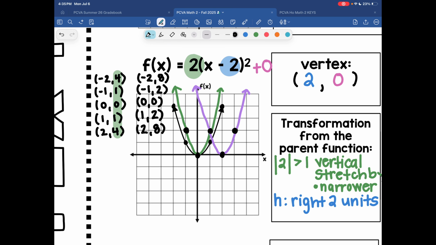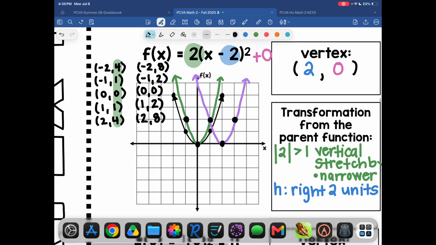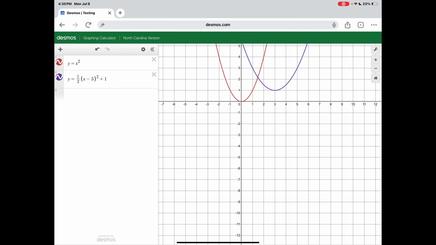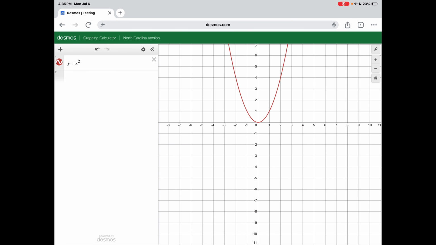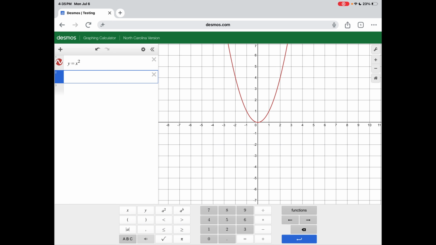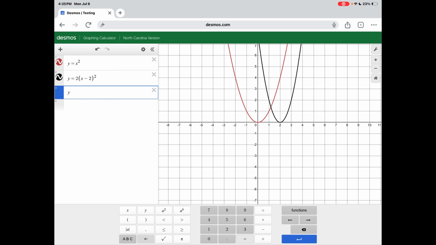Okay, and I can always look at that in Desmos. So if I look at my original problem, there's my basic y equals x squared, and then I have y equals 2 parentheses x minus 2 squared. If I look at this, I can see that if I have just the 2x squared, that's where I made it skinnier.